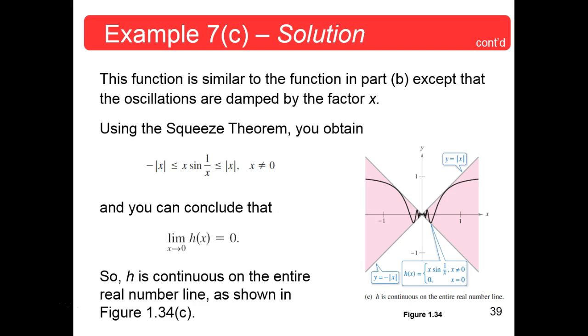And as x gets closer and closer to 0, this one has to get closer and closer to 0. Because this is going to 0 as x goes to 0. This one's going to 0 as x is approaching 0 from the right or left. Yeah. This one has to be squeezed in between. And as long as you define it as that value, which they did, then it has a value. Okay?